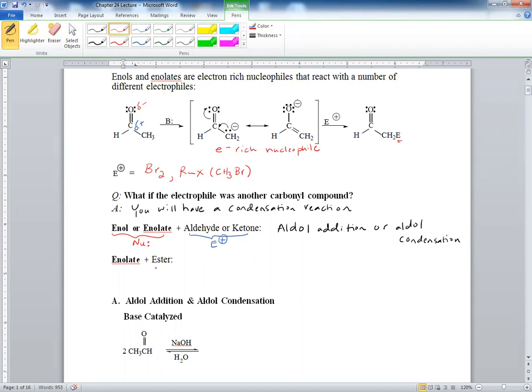As far as if you have an enolate and an ester, the enolate will be your nucleophile, and the ester will be your electrophile. And there's a name for this. We call this the Claisen condensation.